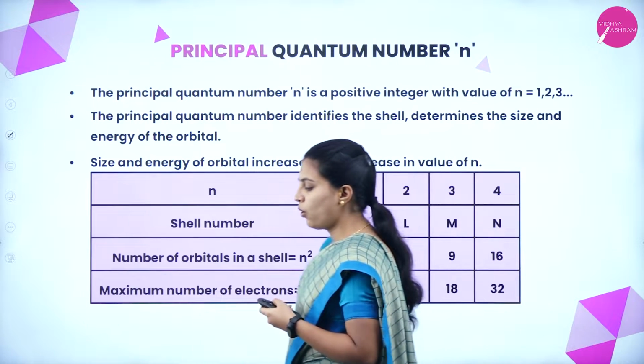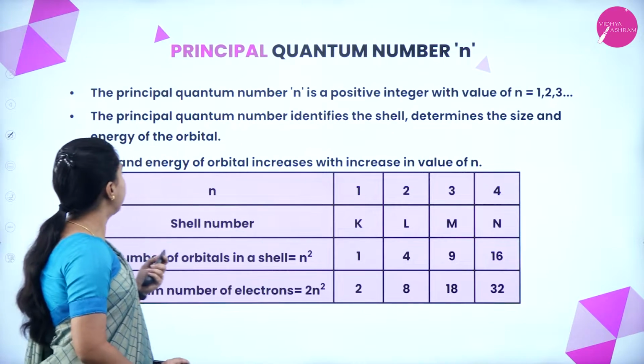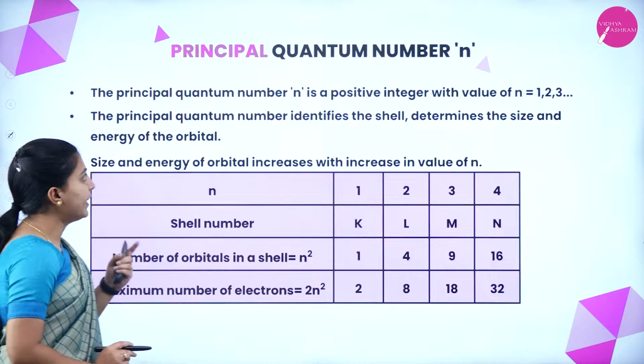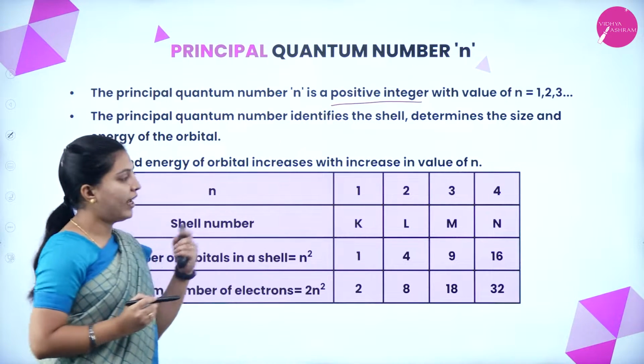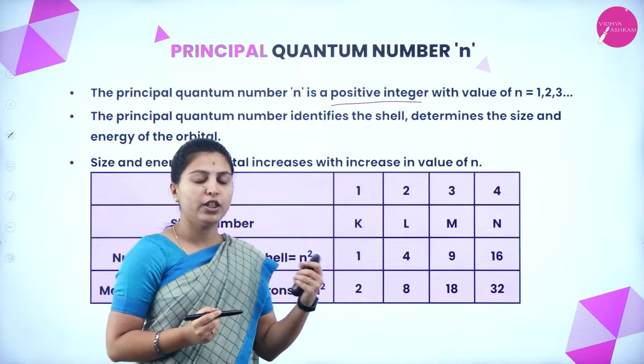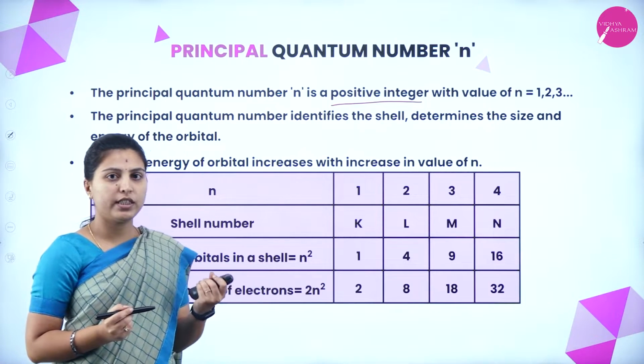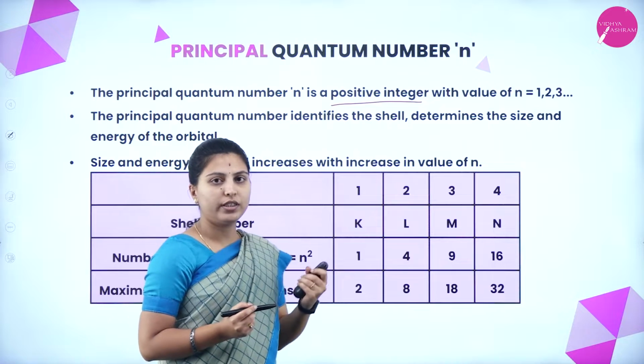Next, we will see what the principal quantum number is. The principal quantum number n is a positive integer, with values n equals 1, 2, 3, and so on. What is a positive integer? An integer with a positive sign.